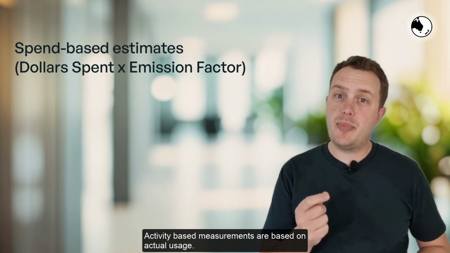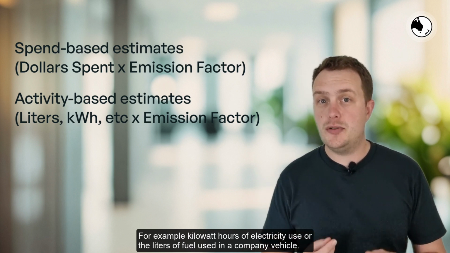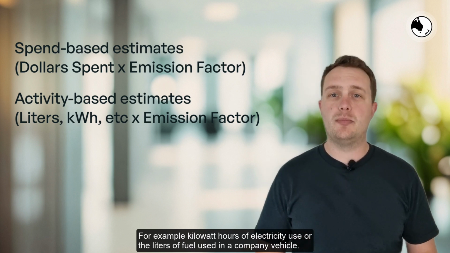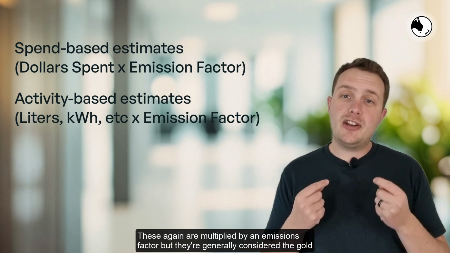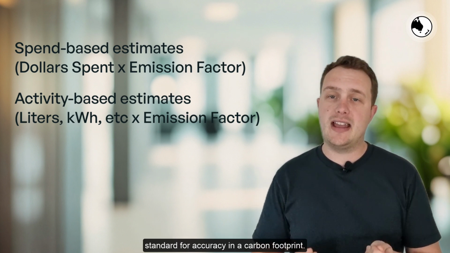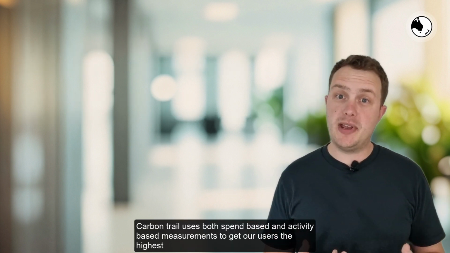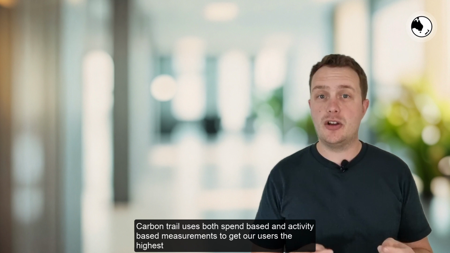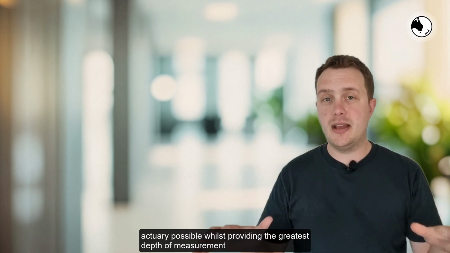Activity-based measurements are based on actual usage, for example, kilowatt hours of electricity use or the litres of fuel used in a company vehicle. These again are multiplied by an emissions factor, but they're generally considered the gold standard for accuracy in a carbon footprint. CarbonTrail uses both spend-based and activity-based measurements to get our users the highest accuracy possible whilst providing the greatest depth of measurement.